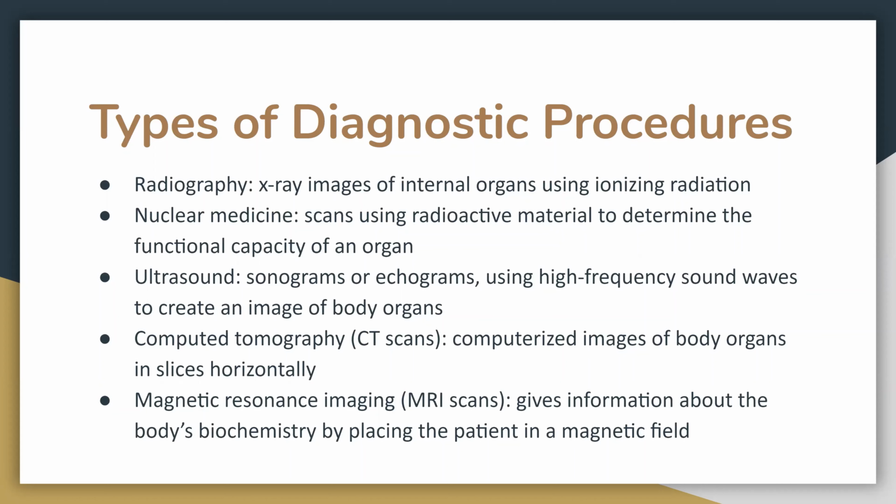And you have computed tomography, which is a CT scan, computerized images of body organs in horizontal slices. And then you have magnetic resonance imaging, or MRI scans, which gives information about the body's biochemistry by placing the patient in a magnetic field.